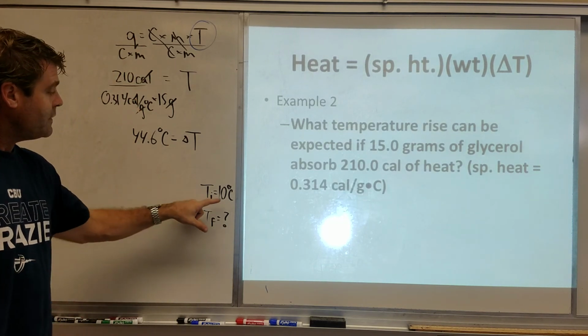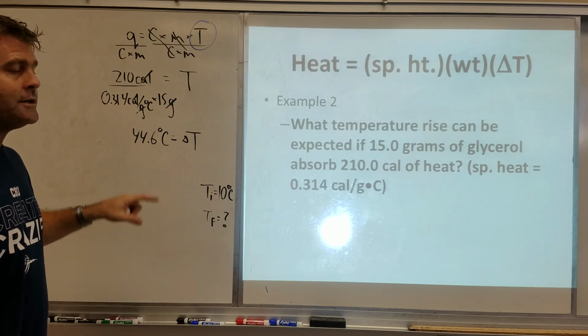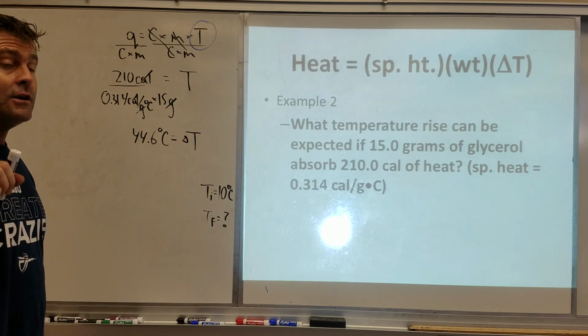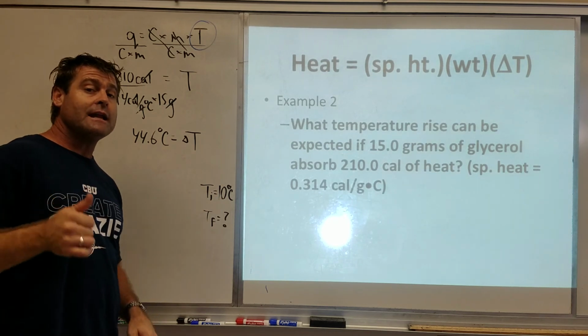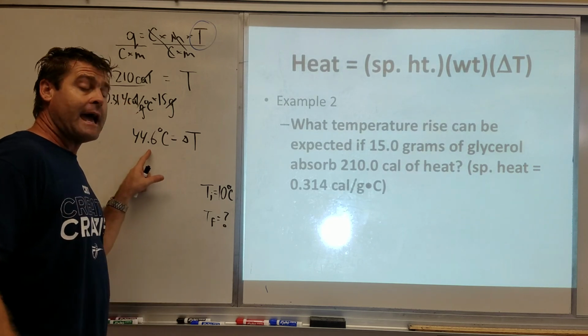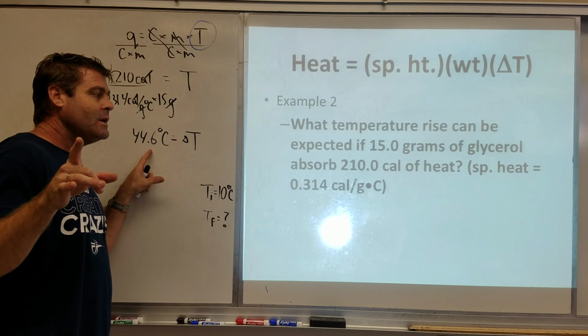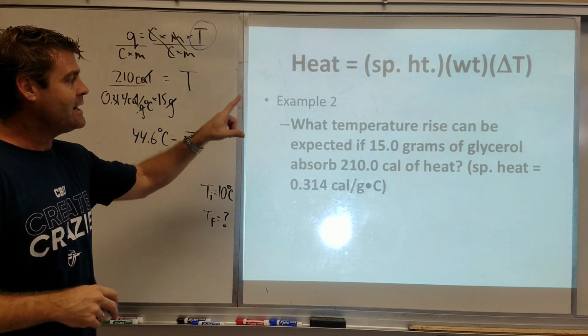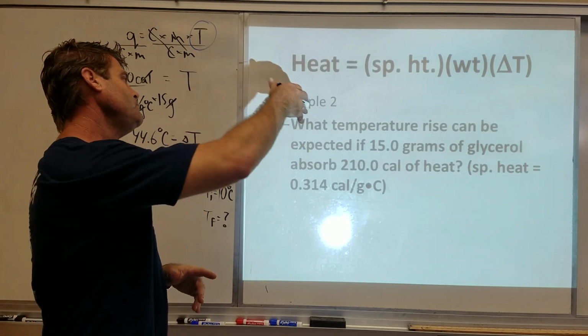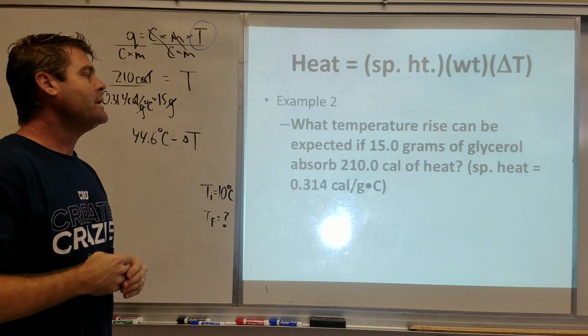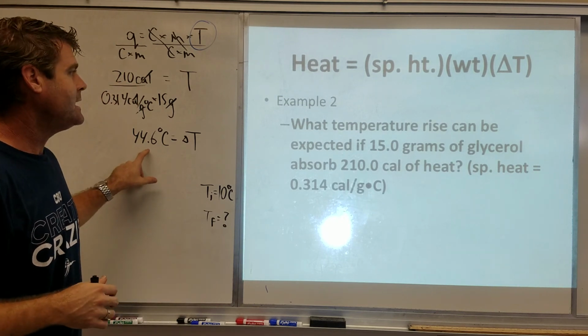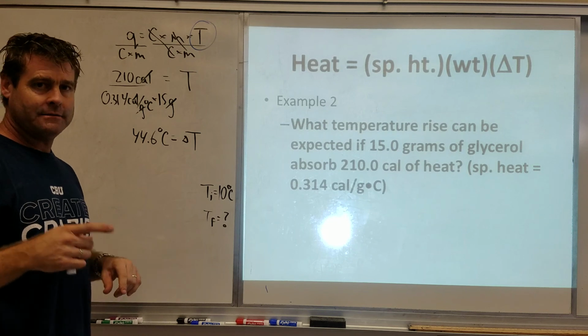So if it was initially at 10 degrees Celsius, what do I do with 44.6? We'd either add or subtract 44.6, but we know we're going to add. What in the example would indicate that?